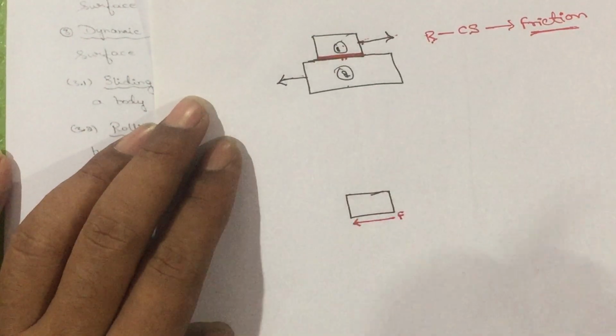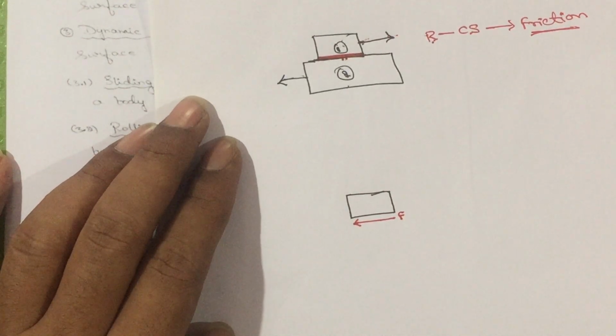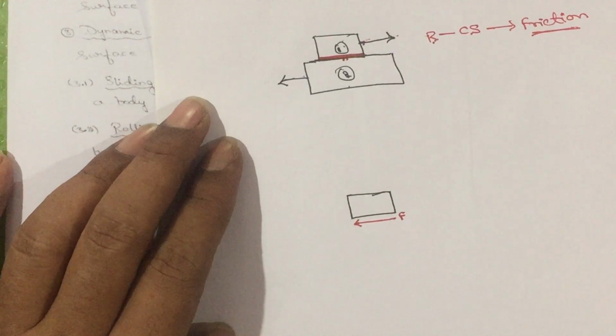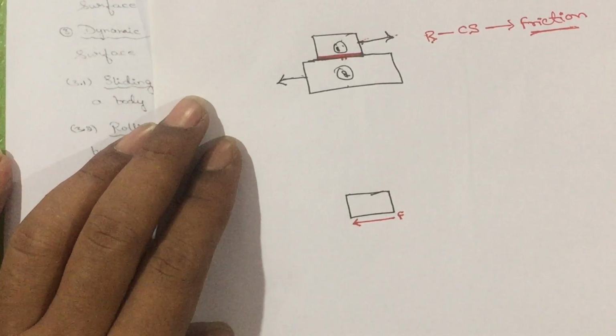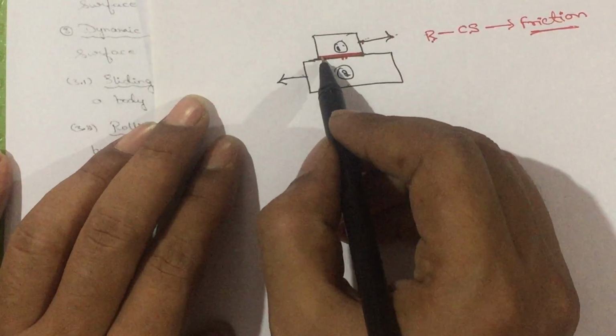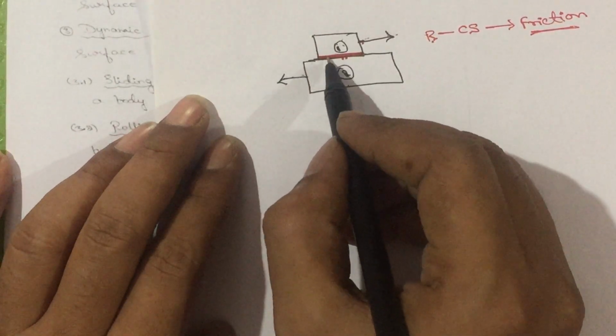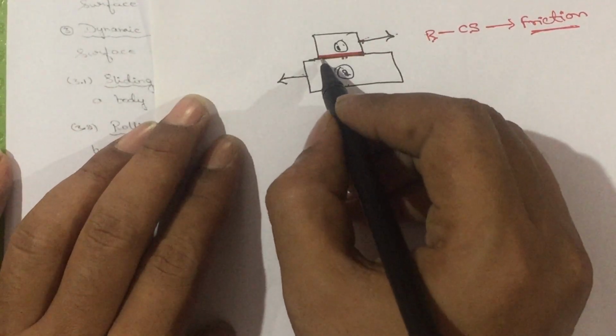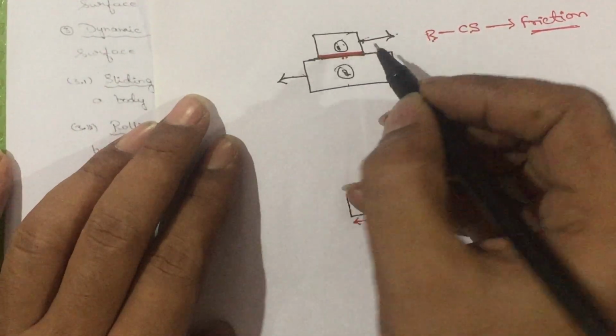Now, according to Newton's third law, for every action there is an equal and opposite reaction. How will the reaction act? From the previous units, we know that reaction acts perpendicular to the plane, at the contact point. This is the contact surface, and everywhere there are contact points. The plane is horizontal.